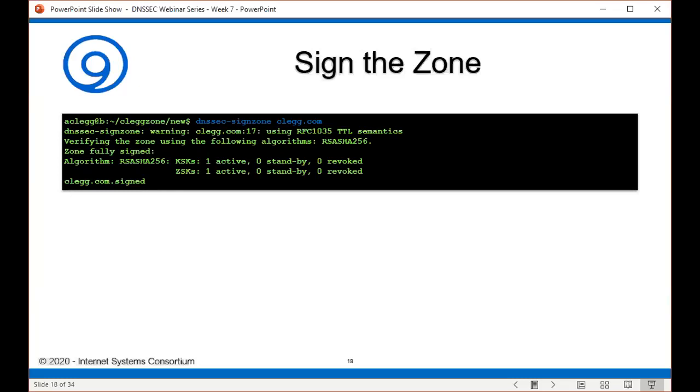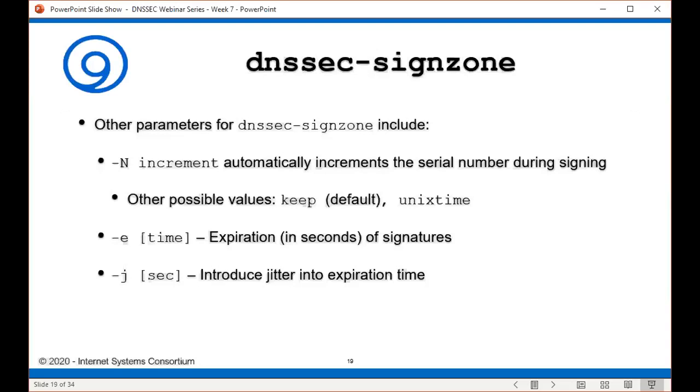So it automatically says, okay, I need to create the signatures for RSA SHA-256. The zone was then fully signed with algorithm SHA-256, 1 key signing key, 1 zone signing key active. There were no keys on standby and no keys revoked. We'll talk about those standby and revoked keys as we talk about the key rollover in a couple of weeks.